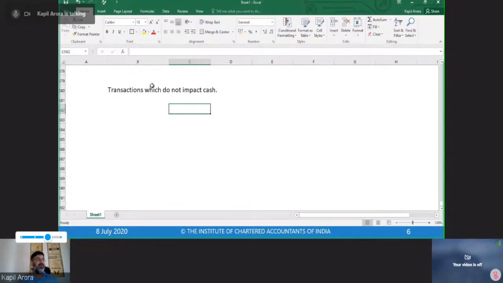Now those transactions which we are talking about could be, let's say, depreciation, loss on inventory when NRV is lower. We have just seen that in case of AS 2. Bonus share issues.